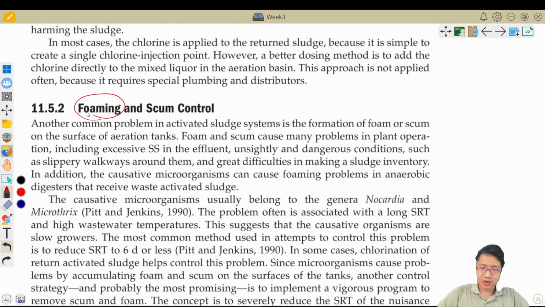Sometimes they will generate lots of proteins and polysaccharides, and those substances act just like a detergent and cause bubbles when you are doing the aeration.